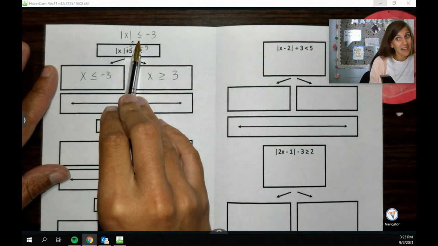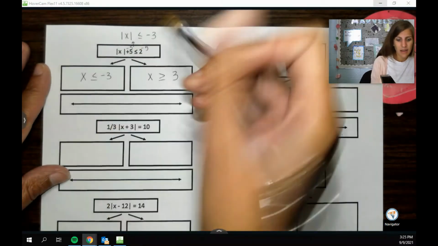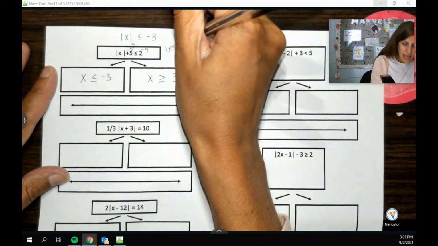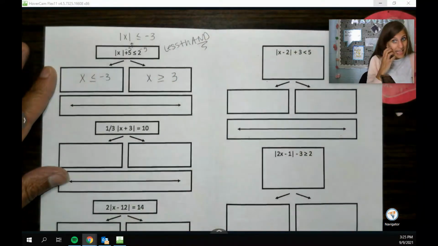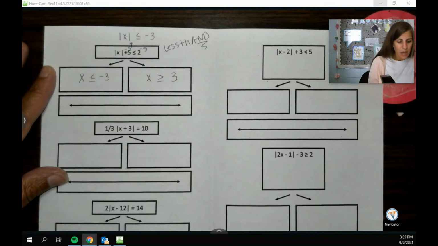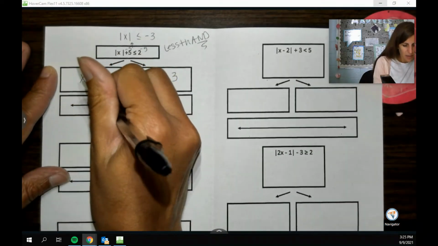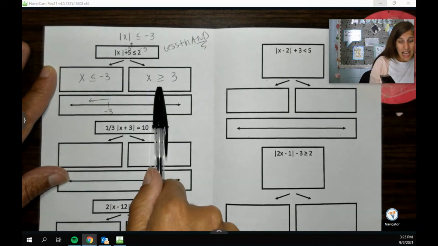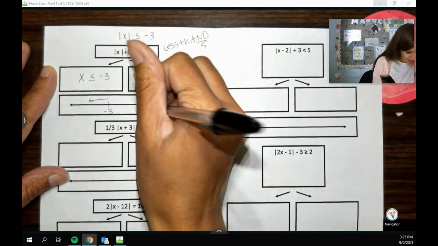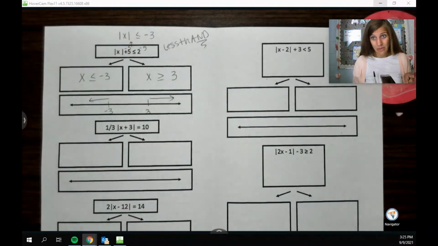So if you kind of say it long drawn out like you're Southern, less than, you'd think that maybe it would be an and inequality. But this is saying that x is less than negative 3. So if we think about that this way, and x is greater than 3, I can't be less than negative 3.